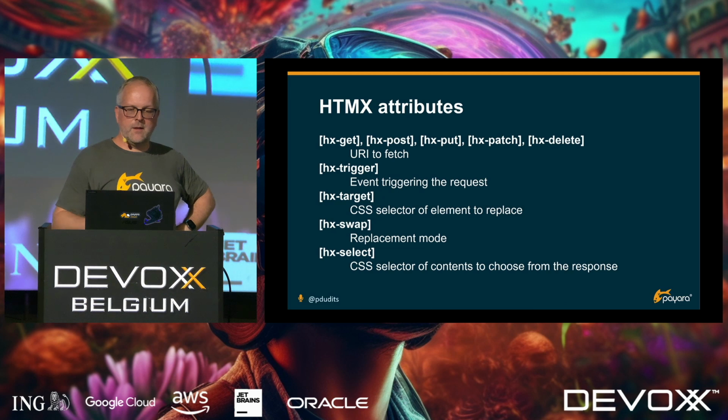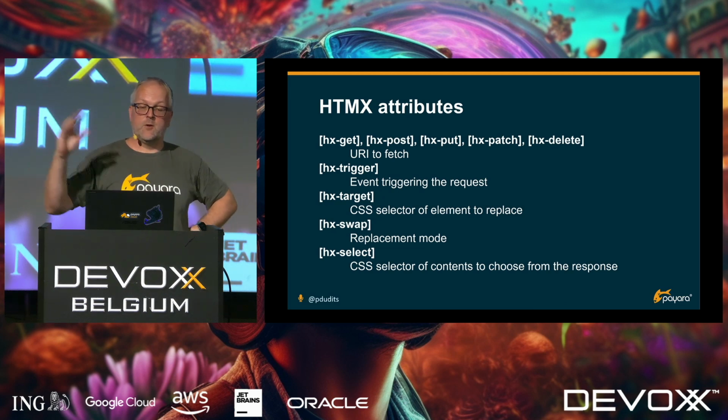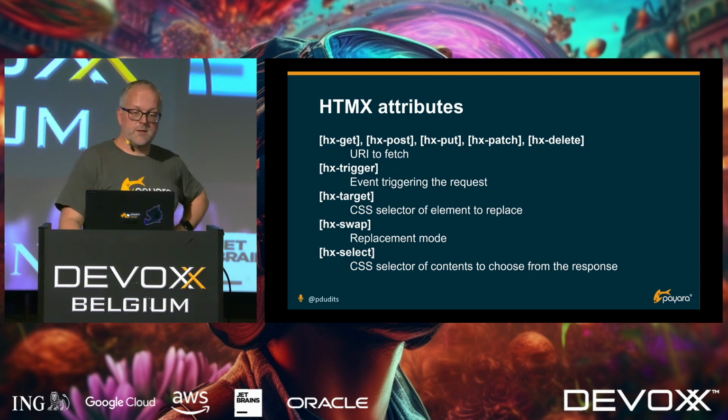It can be also a custom event, an event happening on a different element, or just the fact that the element appeared on the screen. Target is what we want to replace. Swap is the method that we want to use to replace. By default, it will be replacing the inner HTML. We wanted outer HTML in this case. And select still allows us to do the same thing as Unpoly is doing.